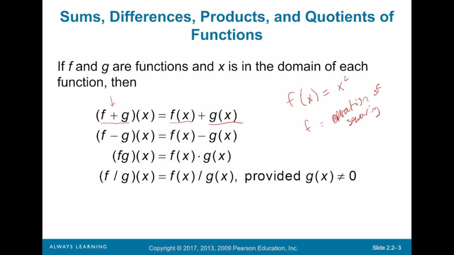So instead of having to figure out how to add operations like this and then apply them to x, we have this nice rule where we can just apply f to x, apply g to x, and add them. You're going to find the right-hand side is the natural choice of what you do when you want to look for anything on the left-hand side. But this is actually a rule that allows us to do those kinds of operations. So let's get into it.